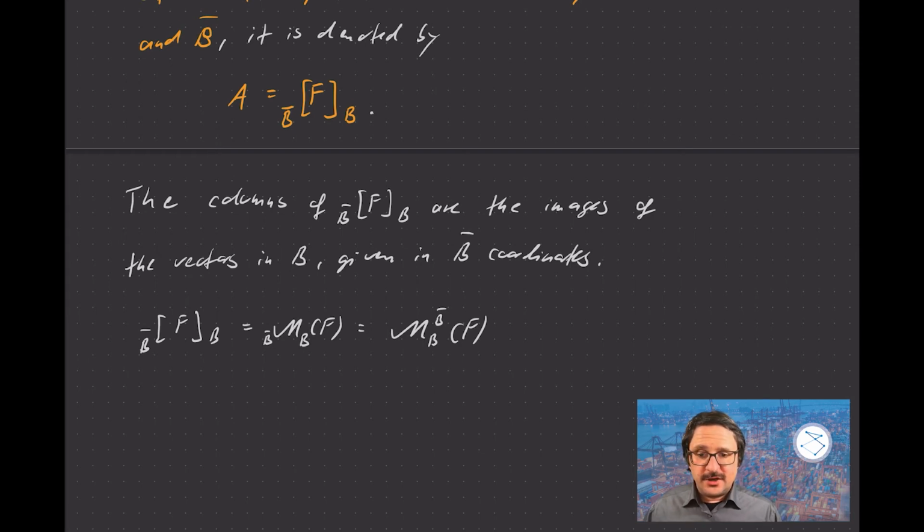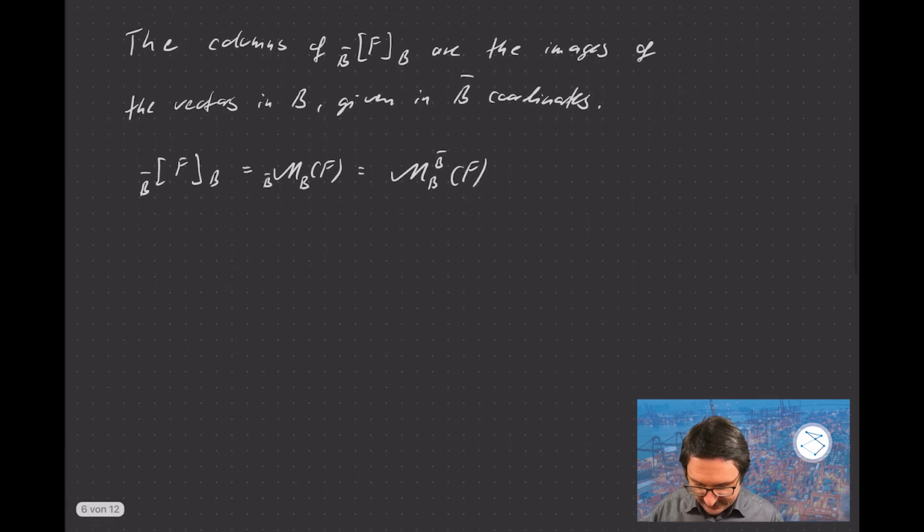We'll usually denote the canonical or the standard basis consisting of the unit vectors by C. We did that already. And of course, if V and W use the same coordinate system, then it's often just denoted once.